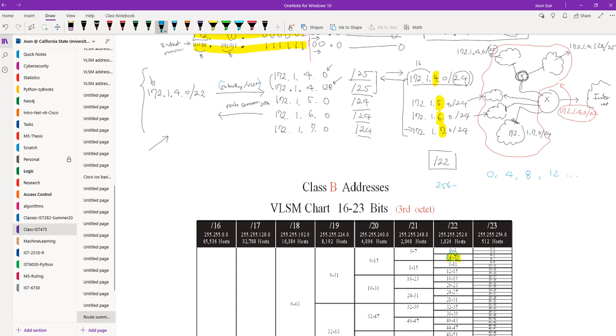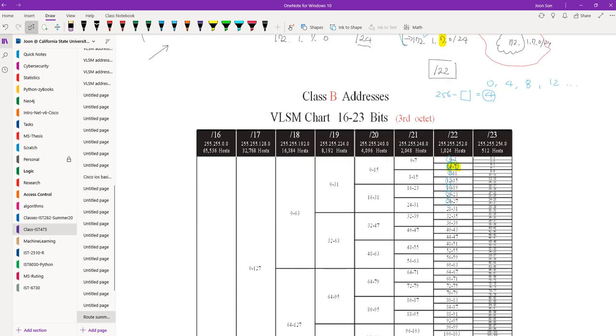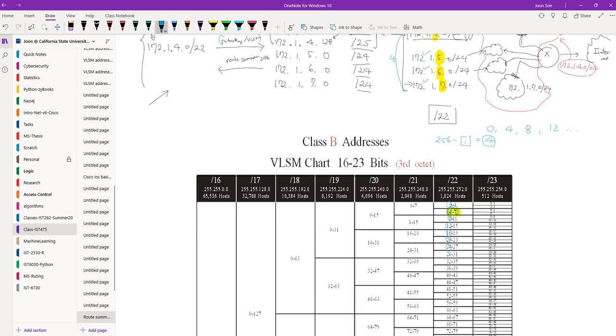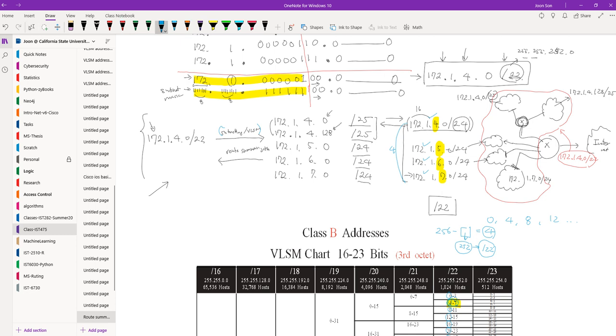So it should be 0, and then 4, and the next is 8, and then 12, and 16, and 20, and 24, etc. So you know the block size has to be 4, because 1, 2, 3, and 4. That means this has to be 252, which is /22.